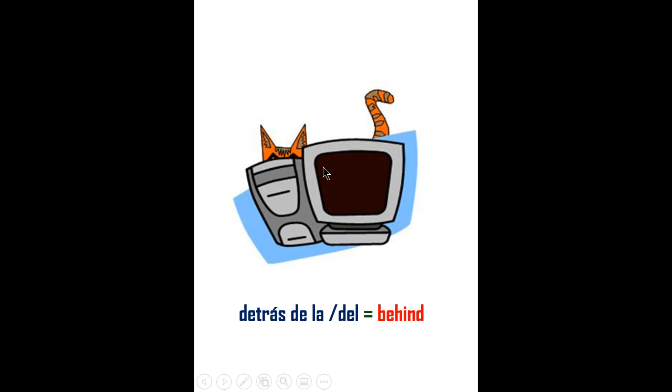The word computadora is feminine. So I would say el gato or la gata, if it's a female cat, está, a form of the verb estar, to be, detrás de la computadora. Computadora.